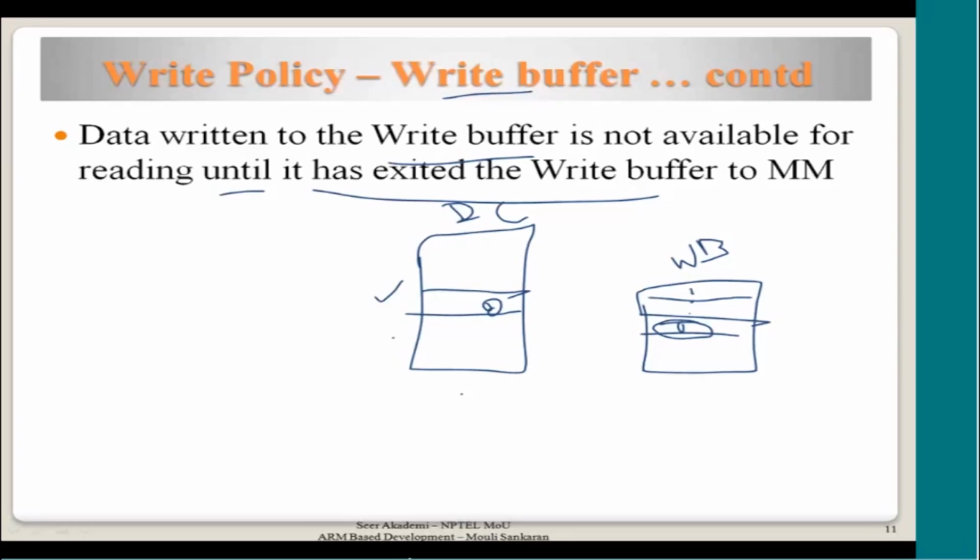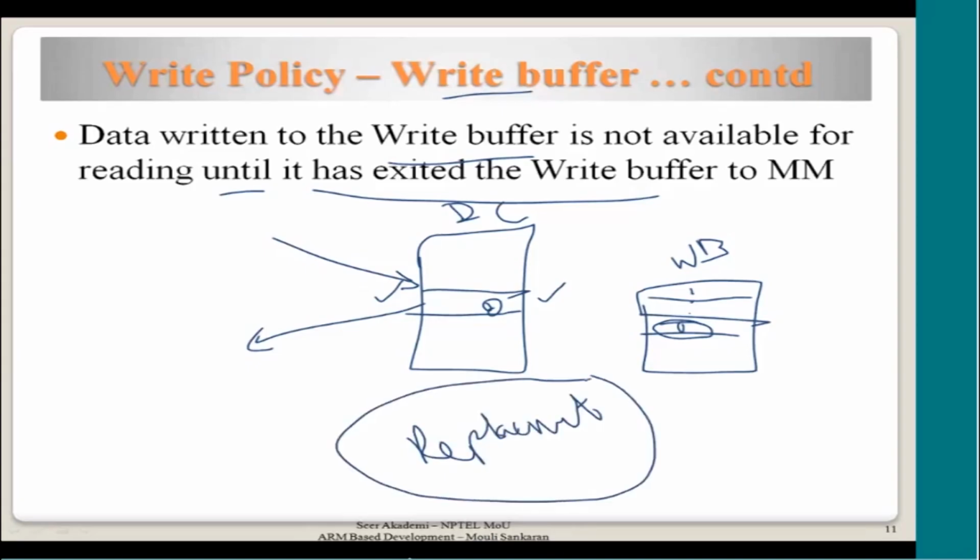The reason being, I tell you, you may think that if it is in the cache, why can I not read it from here? You have to keep it in the back of your mind. The eviction, the replacement policy, is a background part. It is another background thing happening.